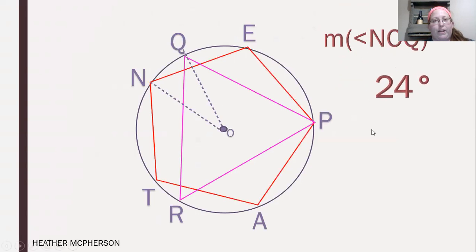How do you get that, you ask? Well, you've got to remember that the central angle of a pentagon is going to be 72 degrees, and the central angle of an equilateral triangle is 120 degrees. So you take 120 minus 72, you get 48, divide that by 2, and you're going to have 24 degrees.